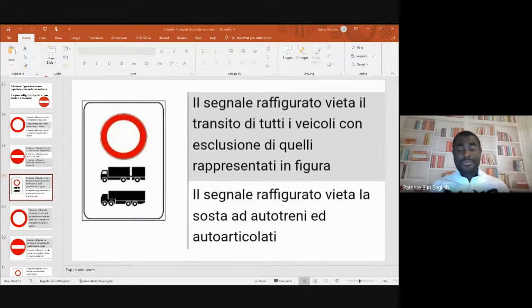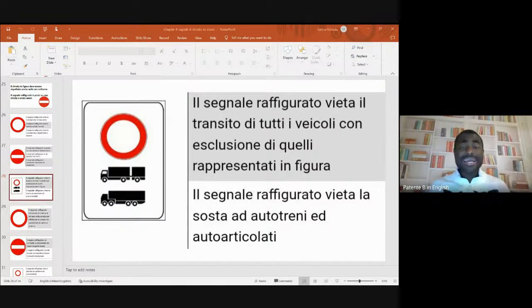Okay, now, the significance of this signal, it says that autotreni and autoarticolati, those are the two categories of vehicles. Those vehicles, they can't pass through the road. Those are only the two categories of vehicles. Now, let's go to the question.